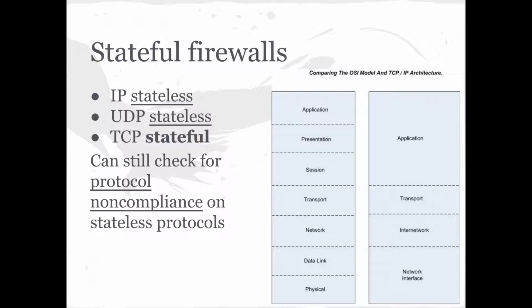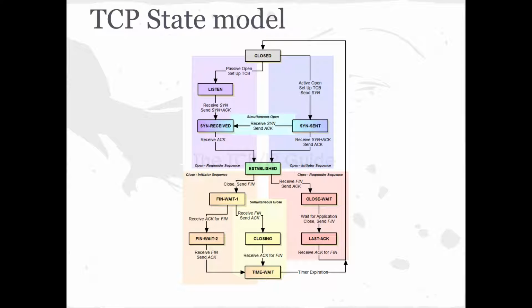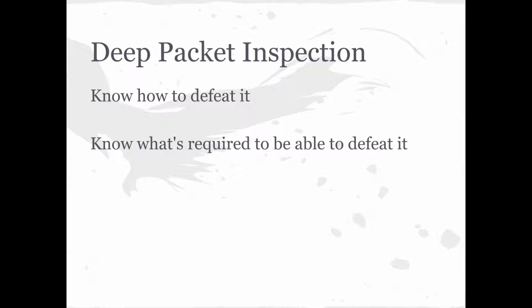Even when there is no state machine and the protocol is stateless, there are still ways to check for protocol non-compliance in stateless protocols. But that's not going to be a hands-on topic for the exam. You should be familiar with deep packet inspection and know how to defeat it with session splicing and other techniques.